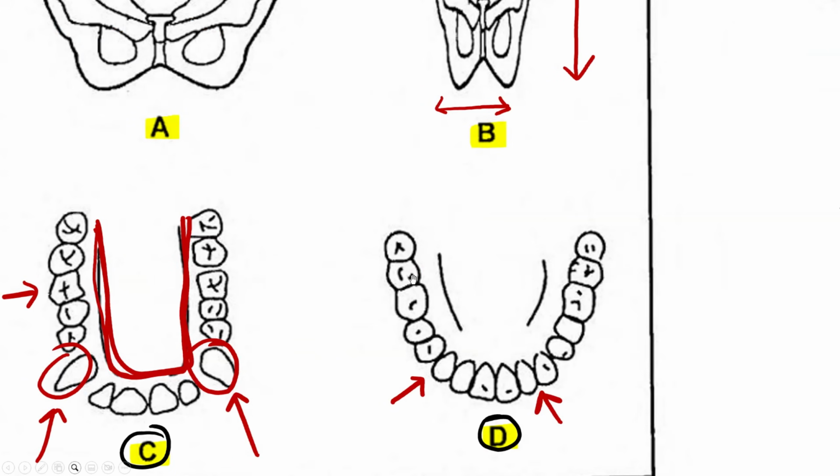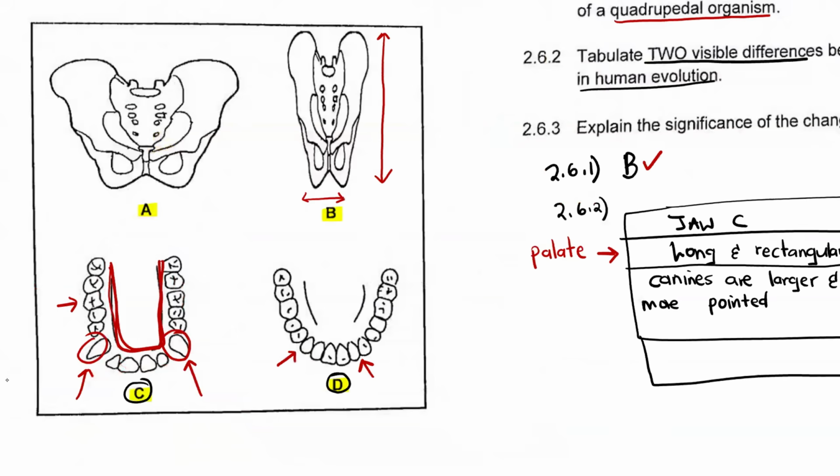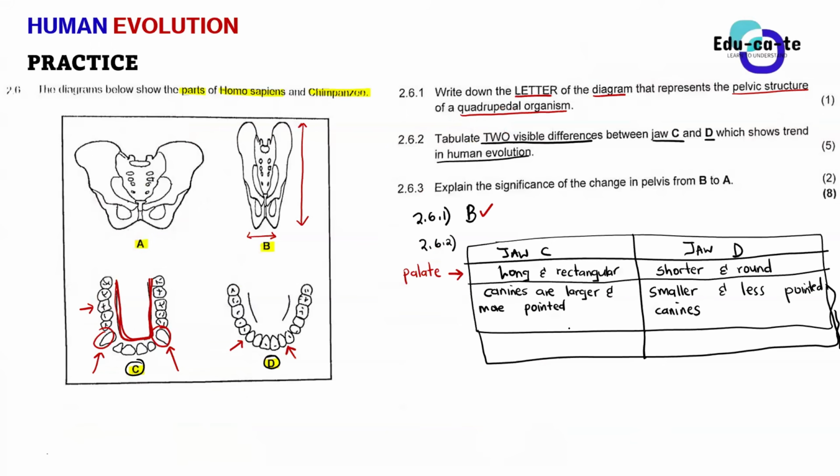But when we look at the teeth of D in this rounded palate shape, the teeth are kind of attached to one another. So that's clearly a sign that we do not have any gaps there. So we can say that here we've got larger gaps between the canines, or we can just say between the teeth. But there we don't have any gaps. Okay, little to no gaps between canines.